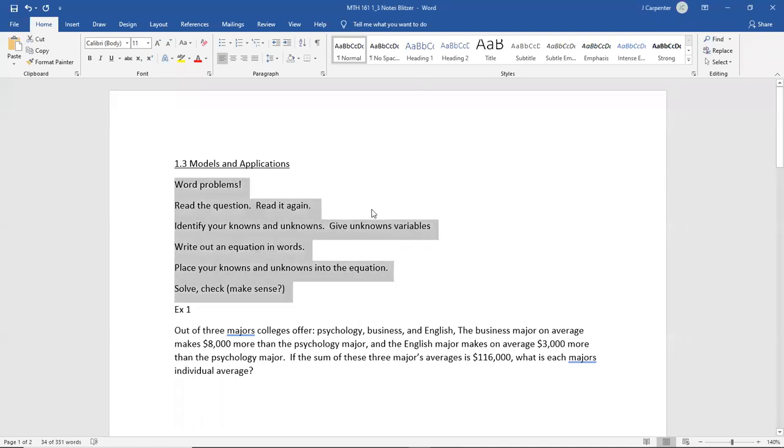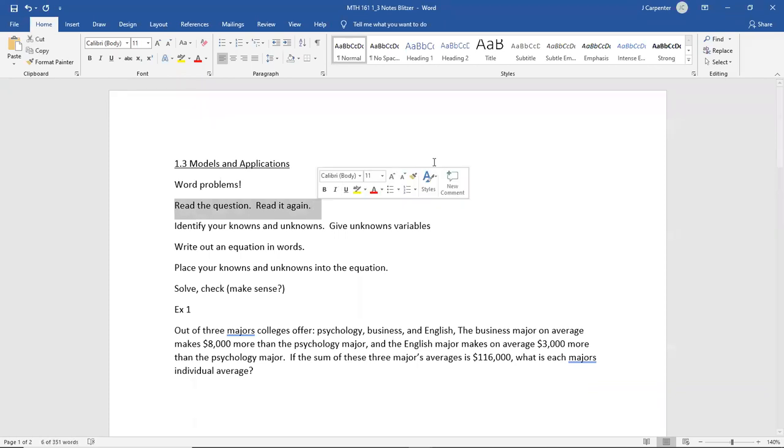So as a reminder, with these word problems, and it's not going to be something we do a ton of throughout the course, but we will have word problems peppered out in the material here and there. Just the general synopsis of how you should approach them: read the question, read it again, read it 3 times if you have to.